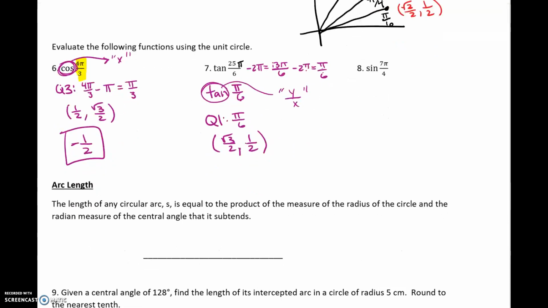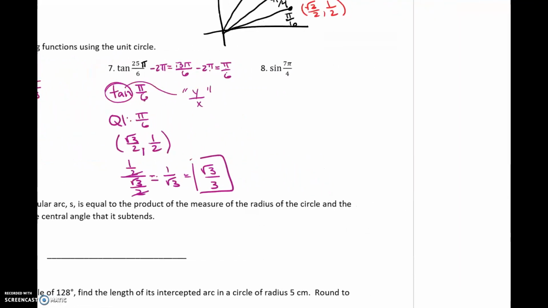So I'm going to go ahead and put my y value over my x value. So what's going to happen? The 2's are going to cancel out. I'm going to get 1 over square root of 3. I have to rationalize that, and that becomes square root of 3 over 3. Now, in the first quadrant, everything is positive, so my final answer is going to stay positive.